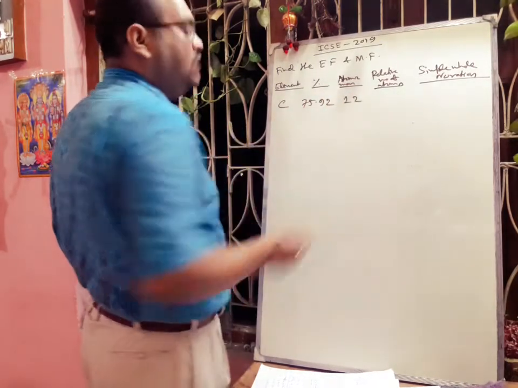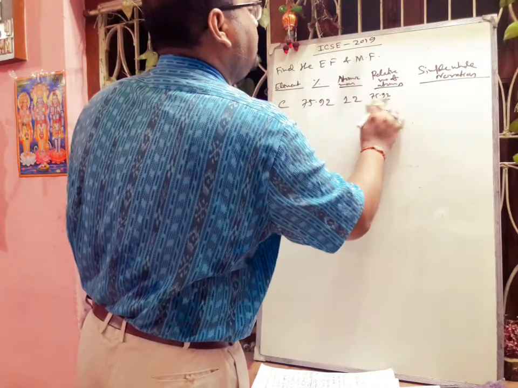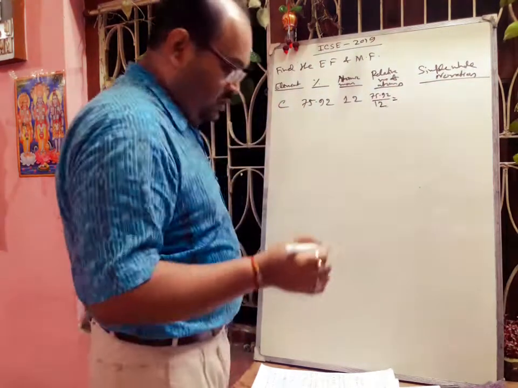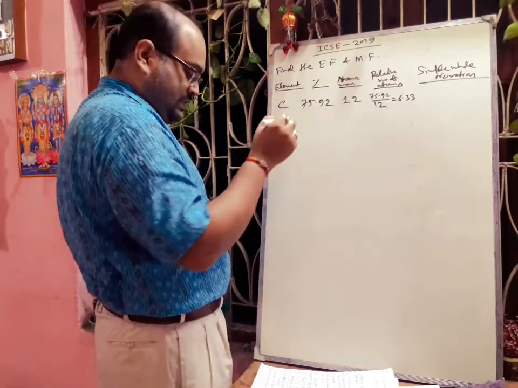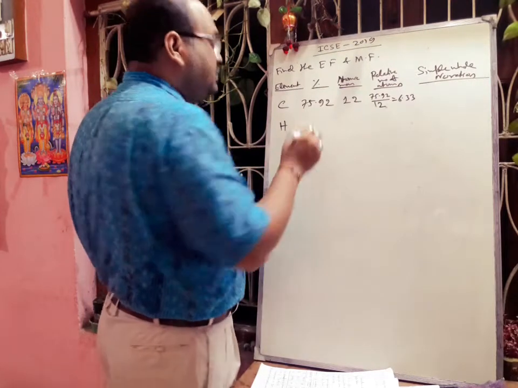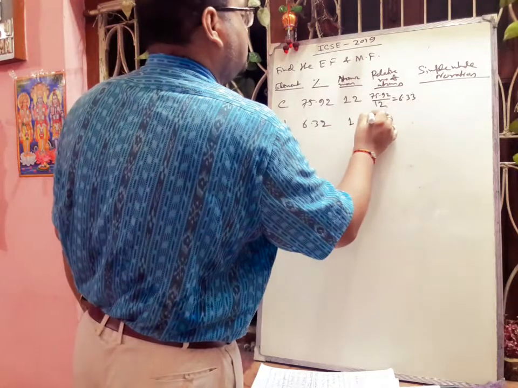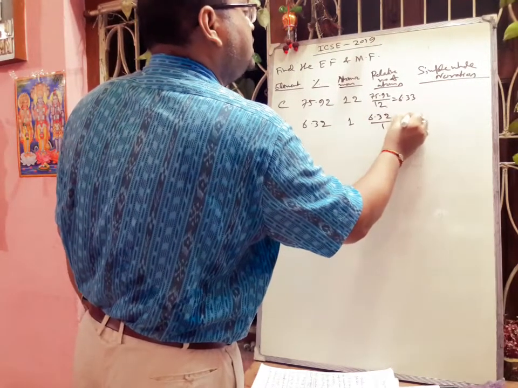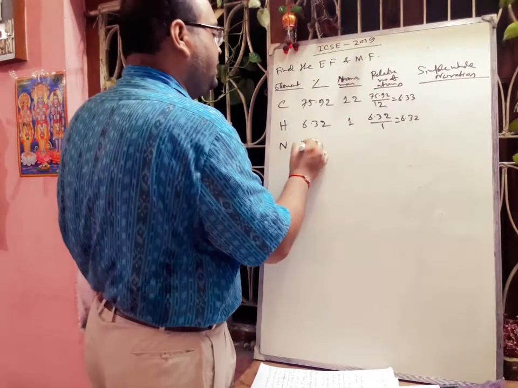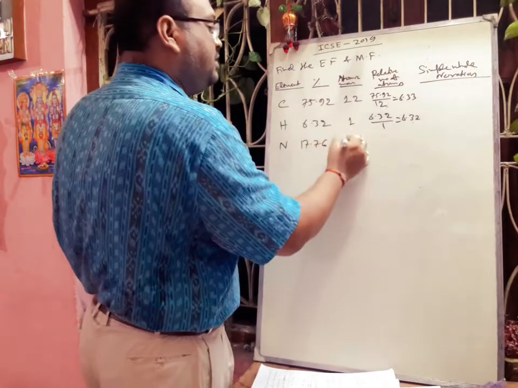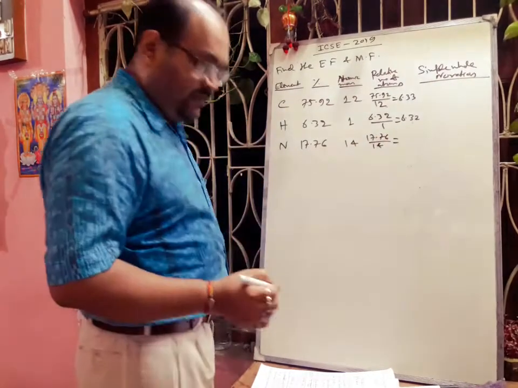Atomic mass we know is 12, so it will be 75.92 divided by 12. If we calculate it, we will get the value 6.33. Next one is hydrogen. Hydrogen percentage is given 6.32%. Atomic mass 1, so this will be 6.32 by 1, 6.32. Next one is nitrogen, 17.76% and atomic mass is 14. So 17.76 divided by 14 will give the value 1.27.